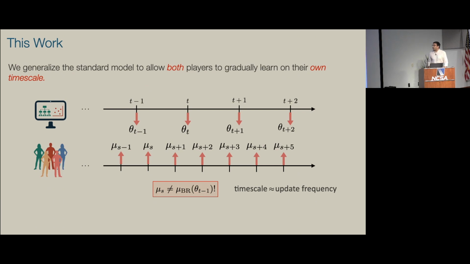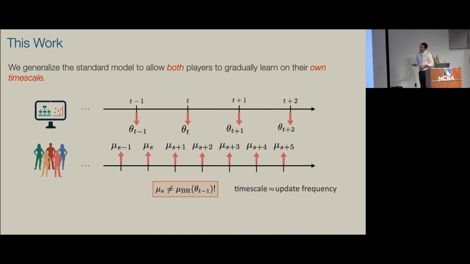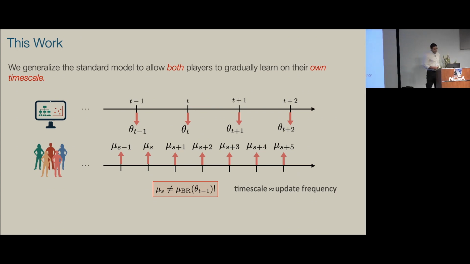So in this work, we generalize the standard strategic classification model to allow both players to gradually learn on their own timescales. In particular, the decision maker might update their model every T rounds. On this timescale, the population might respond to whatever model is out there. In particular, they're not best responding, they're just maybe learning how to respond over time. And they might be on their own timescale too, which might be unknown to the other side of this problem.